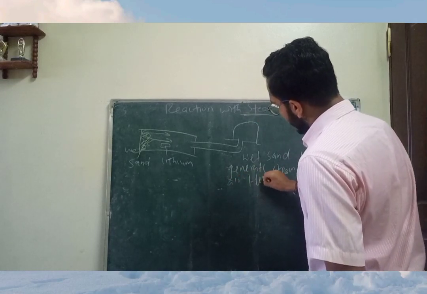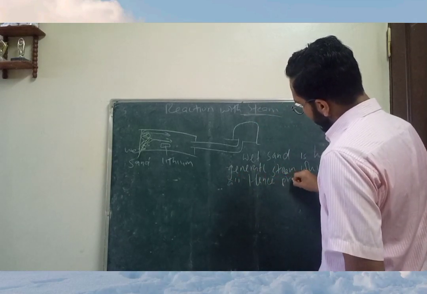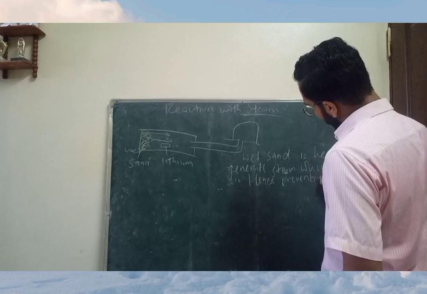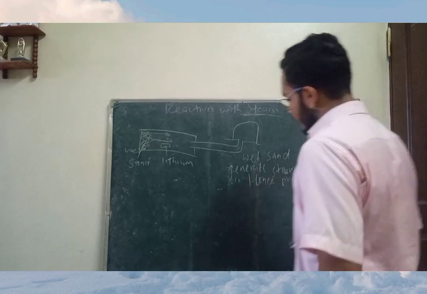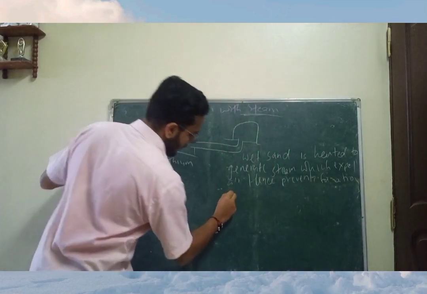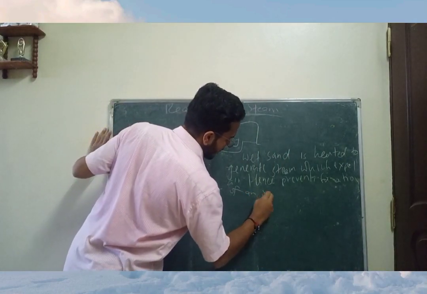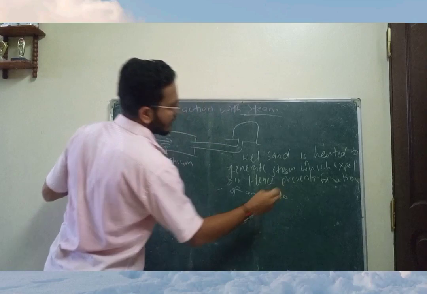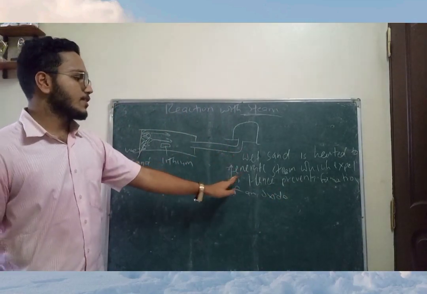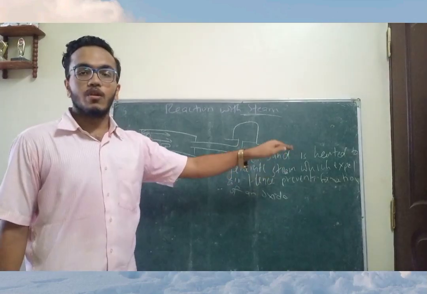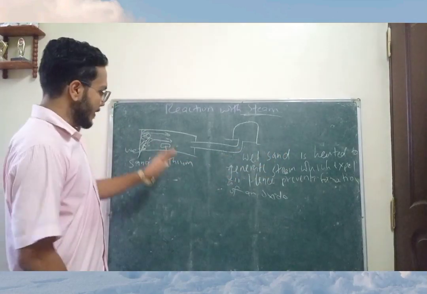Hence, it prevents formation of an oxide. Wet sand is heated first to generate steam which expels air, hence prevents formation of an oxide. Which oxide? The metal oxide.